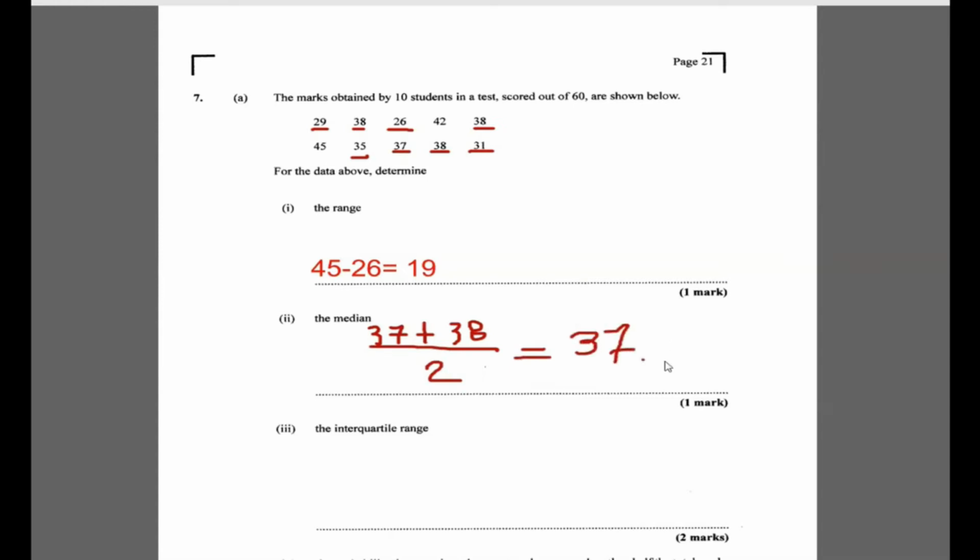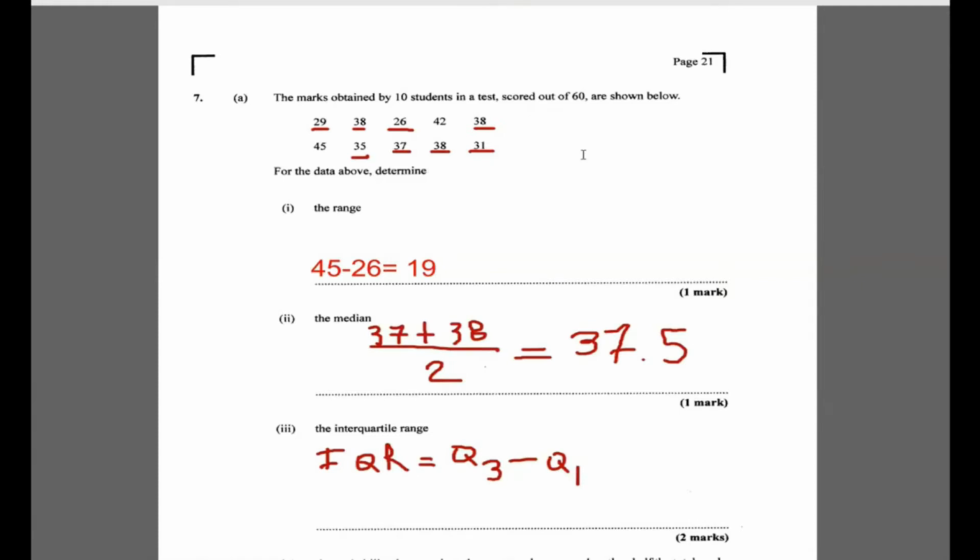That's the median. Then it asks for the interquartile range. The interquartile range is equal to Q3, which is the upper quartile, minus Q1. All right. So of course, to do this, I'm going to go ahead and rewrite them so we can see clearly what's going on.